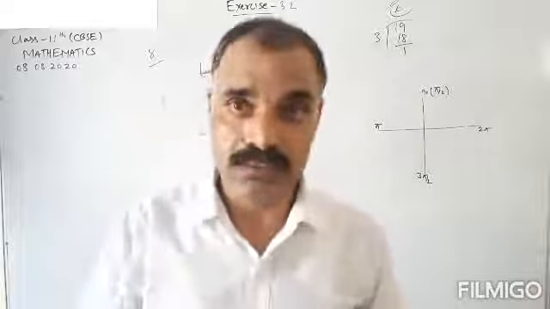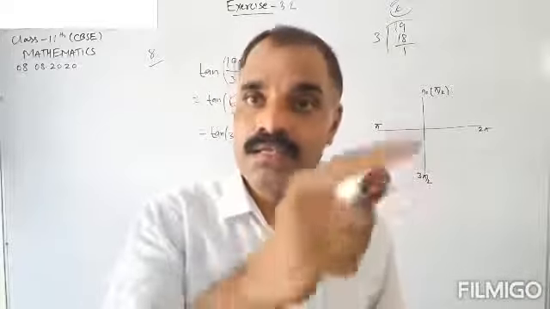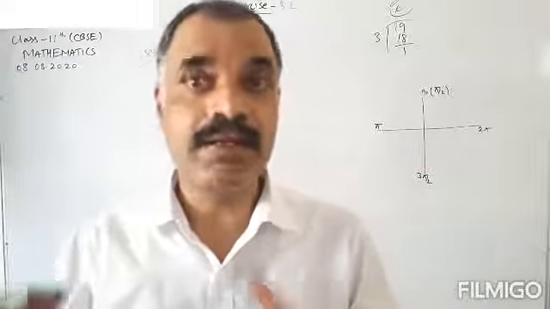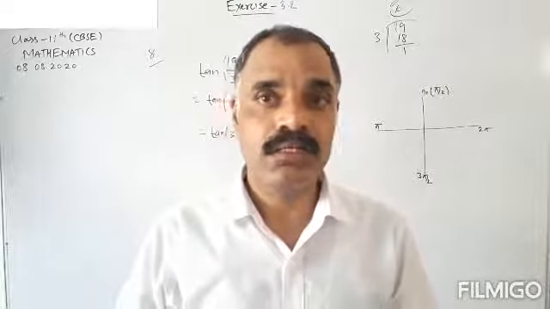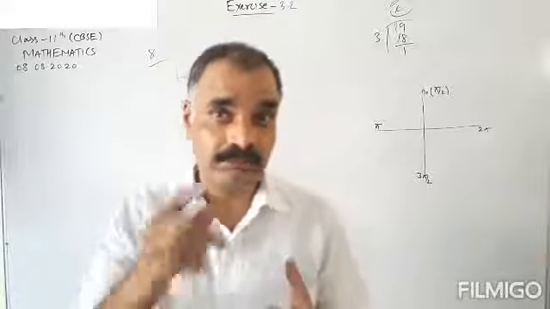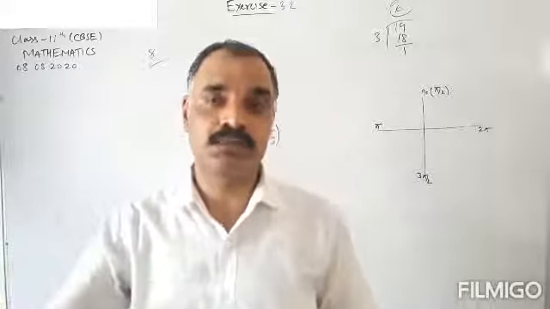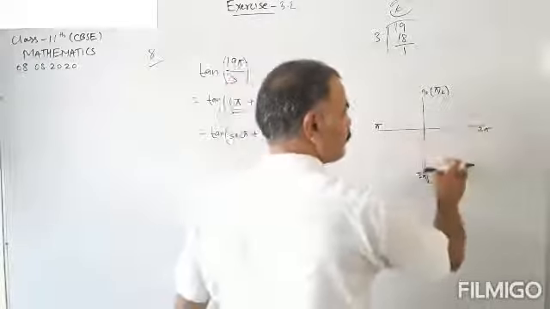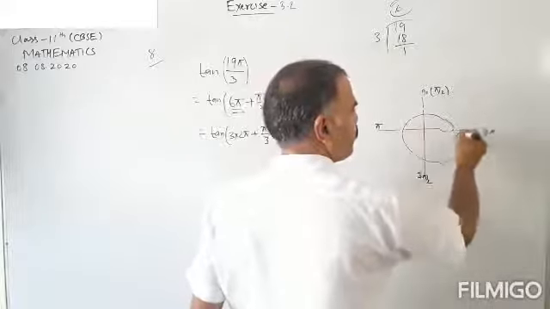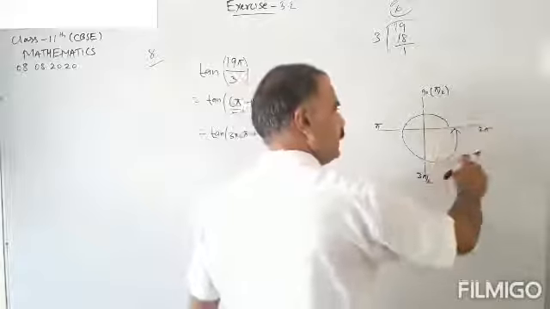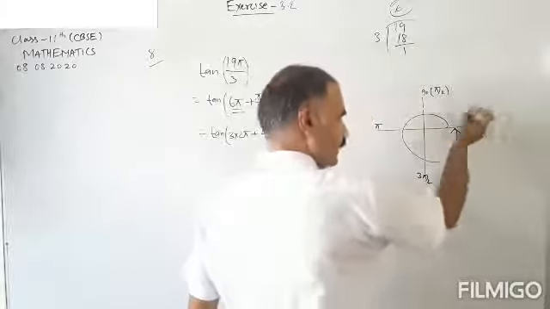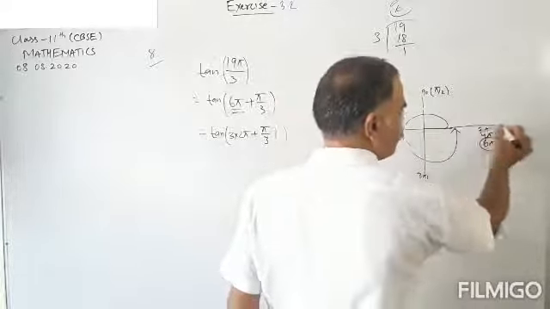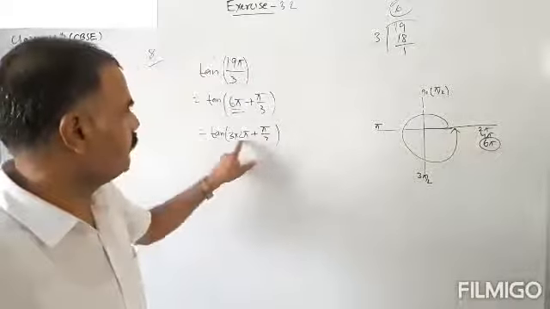Because in one complete rotation, the initial ray subtends a total angle of 2 pi radian in anti-clockwise direction. After taking one complete rotation, it is 2 pi. Then again taking a complete rotation, it is 4 pi. Then again, it is 6 pi. So where is 6 pi? 6 pi is on the positive x-axis. So 6 pi is complete.